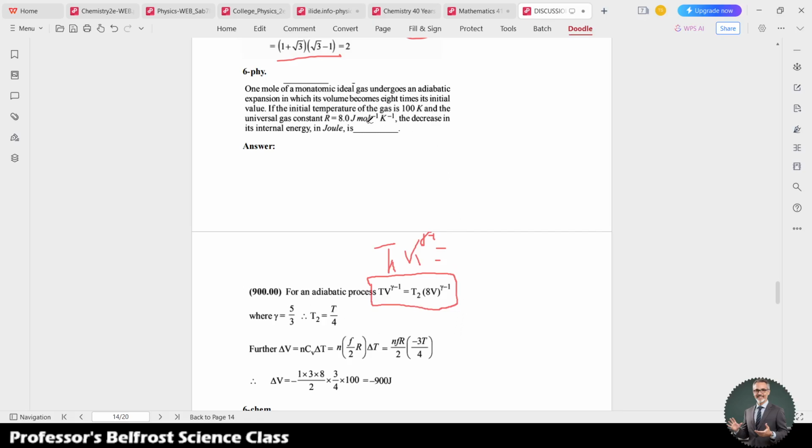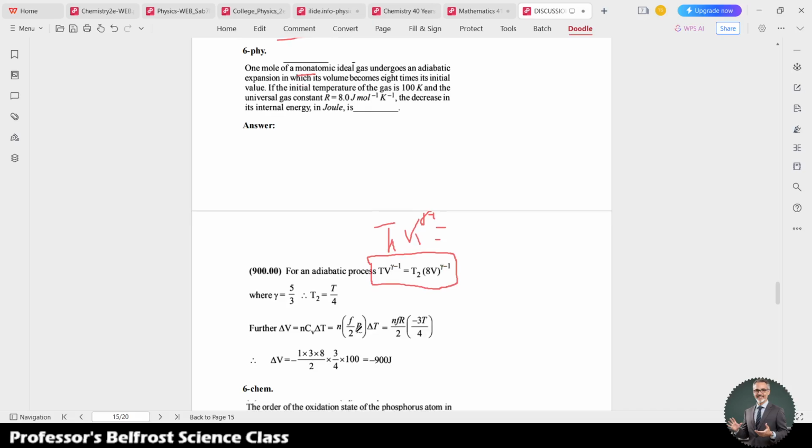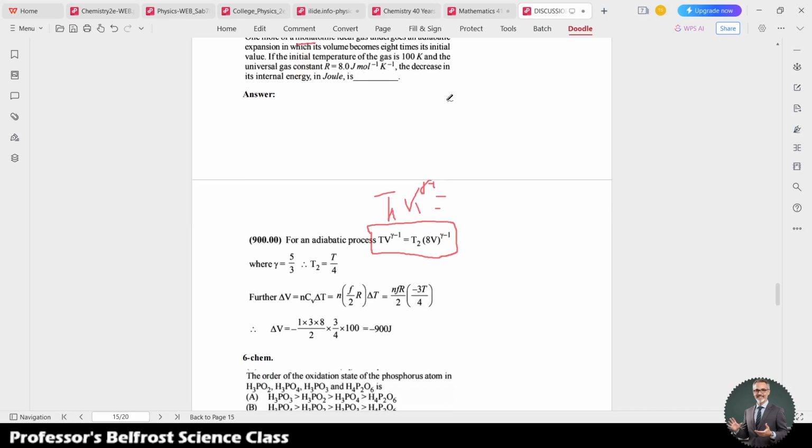And what about gamma? For monoatomic ideal gas, it is 5 over 3. So by substituting all this into the previous equation, we get that the final temperature is just a quarter of the initial temperature, and further that the change in the internal energy is described as n Cv delta T, where Cv here is f by 2 R. So what is the f here? n f R by 2.